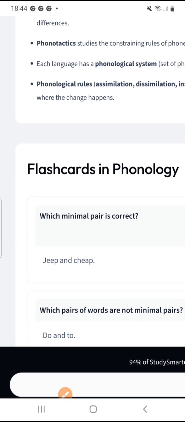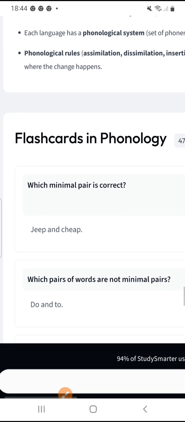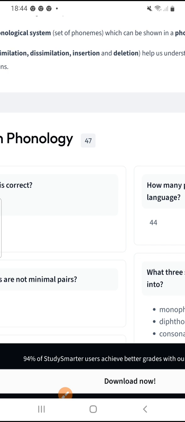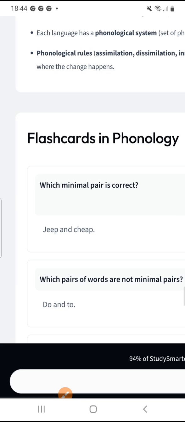Now phonotactics, we study the constraining rules of phoneme combination. Each language has a phonological system, a set of phonemes, which can be shown in a phonemic chart. So here we will see.